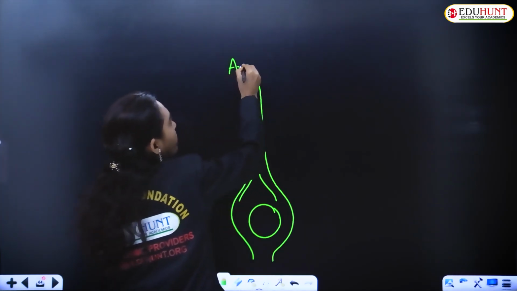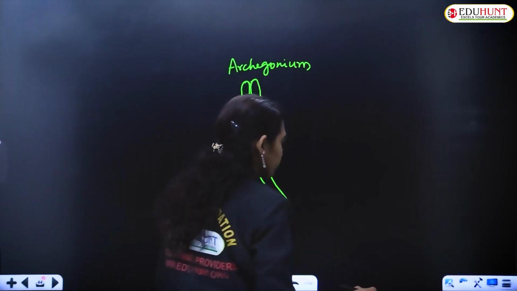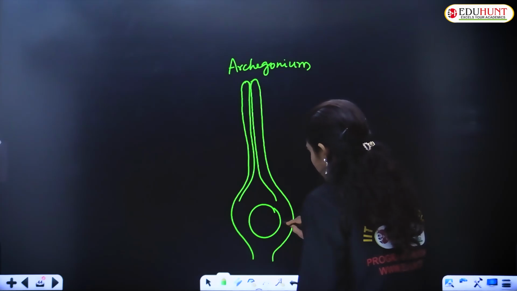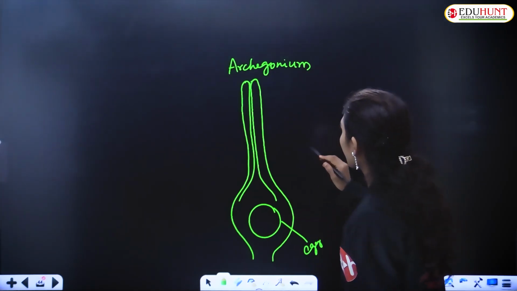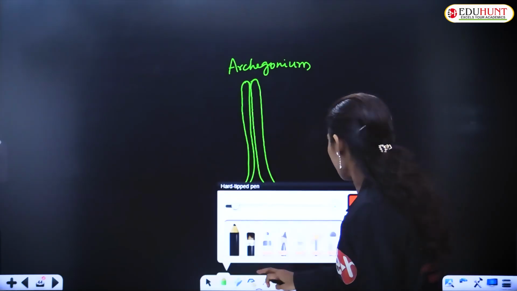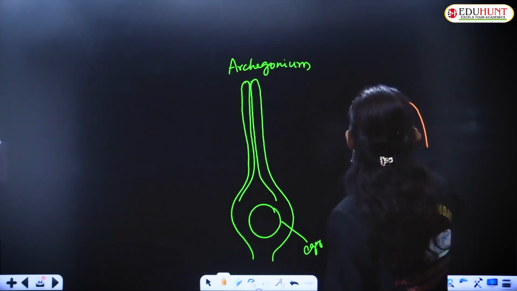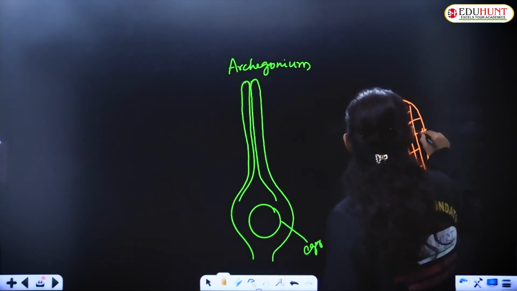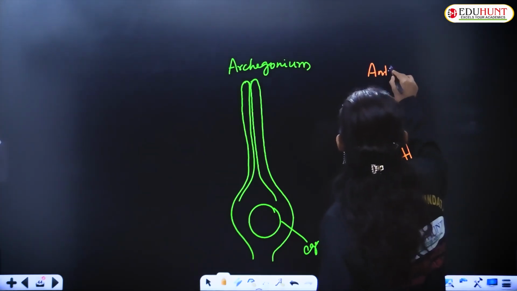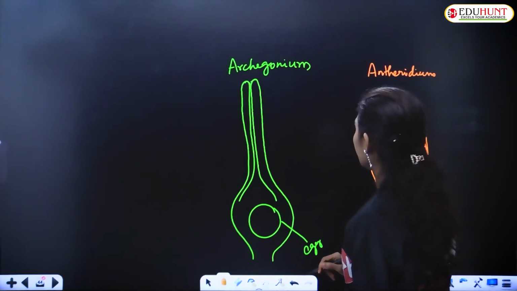This is an archegonium. It has the egg or female gamete. And this is the antheridium.